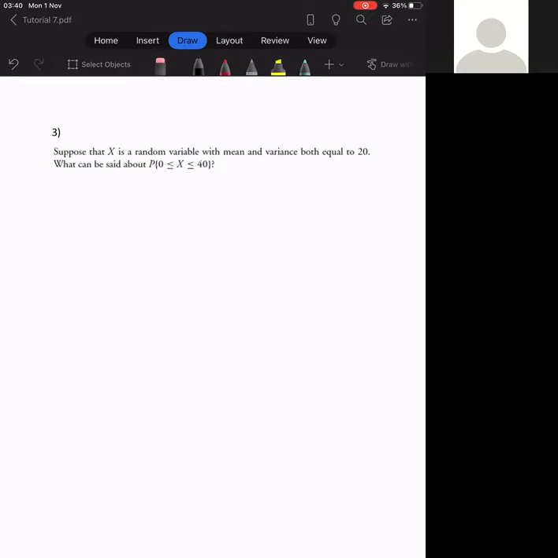Suppose that x is a random variable with mean and variance both equal to 20. What can we say about x being between 40 and 0? We've done this above, by the way, but let's just go over this.